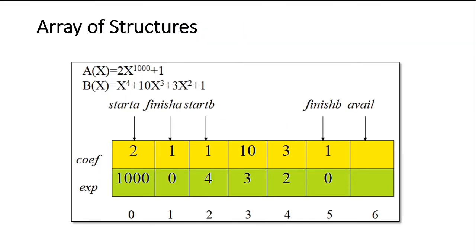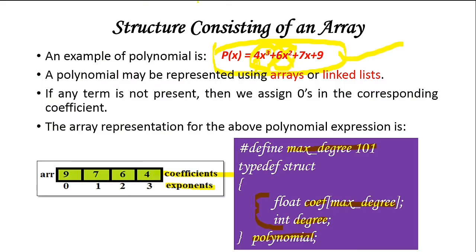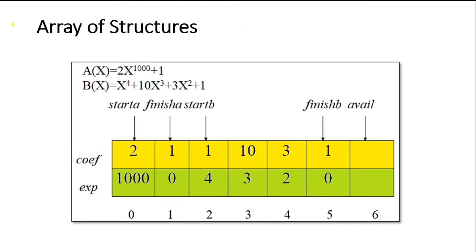So next, array of structures. How can I represent the polynomial using array of structure? One drawback of this structure consisting of an array is, suppose you have a term like this, a of x is equal to 2x to the power 1000 plus 1. So what will happen?